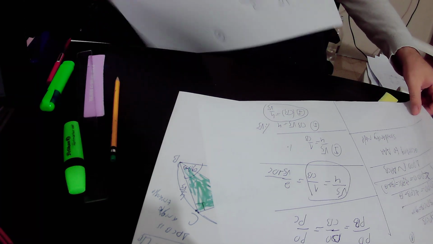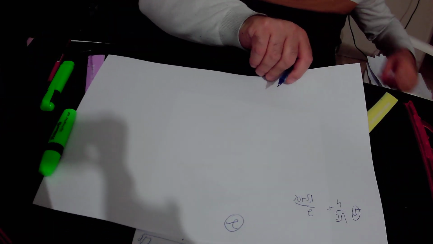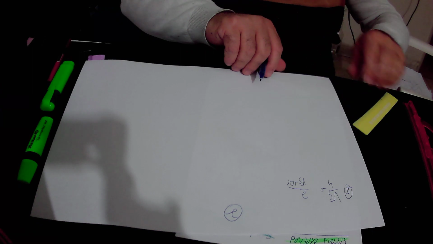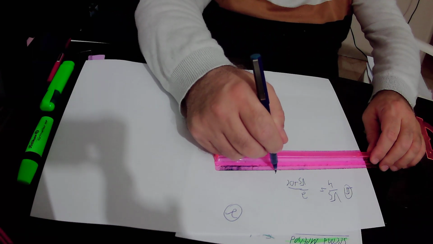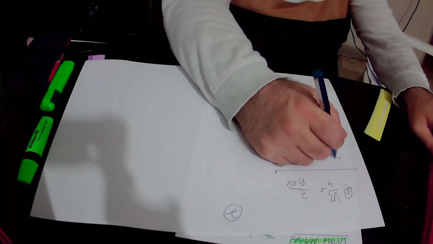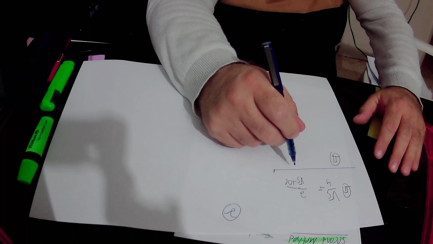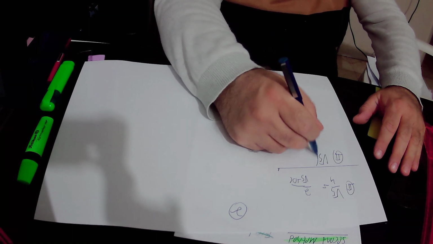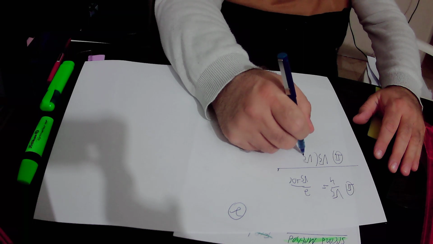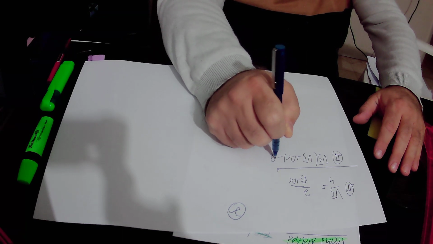Okay. Here we cross multiply this equation, equation number 2, and we get that square root of 5 times square root of 5 plus DC equals 2 times 4, that is 8.